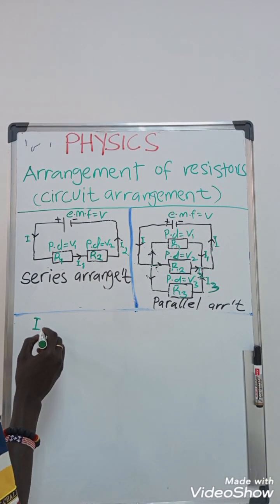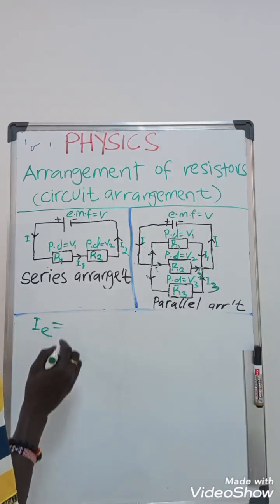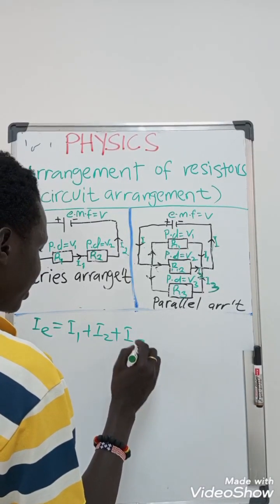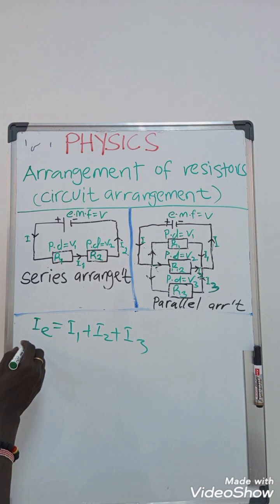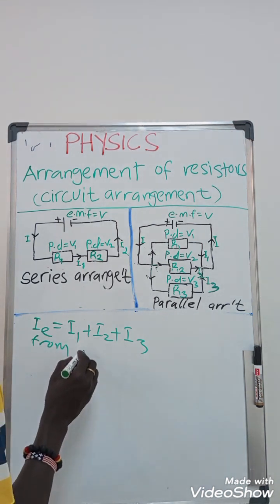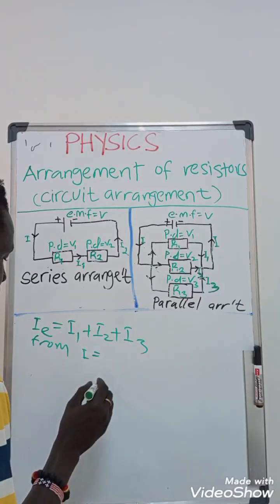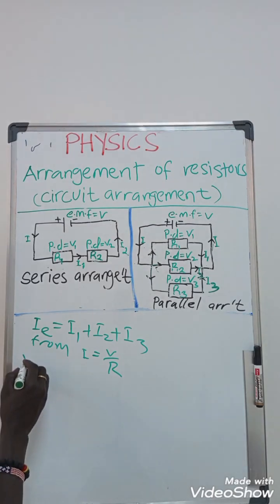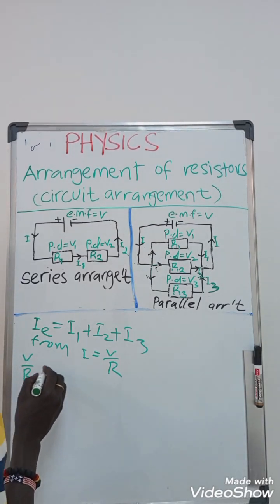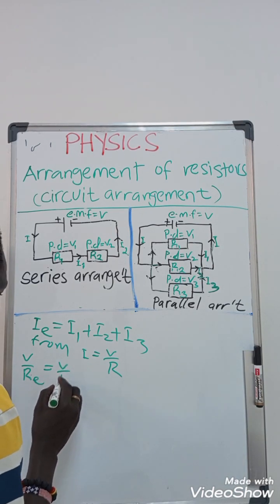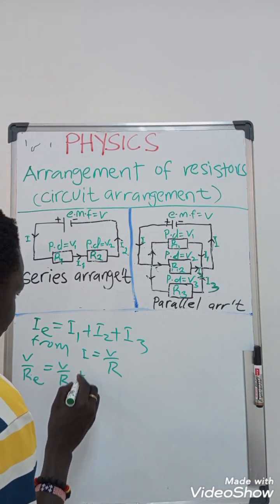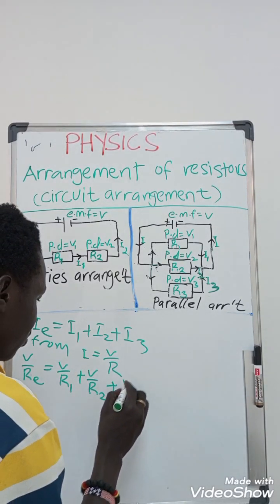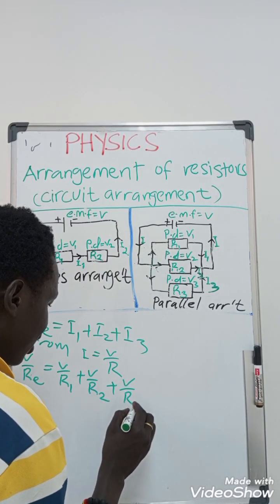Here you have I_E is equal to I1 plus I2 plus I3. We are going to substitute from I is equal to V out of R. We are going to say V out of R_E is equal to V out of R1 plus V out of R2 plus V out of R3.